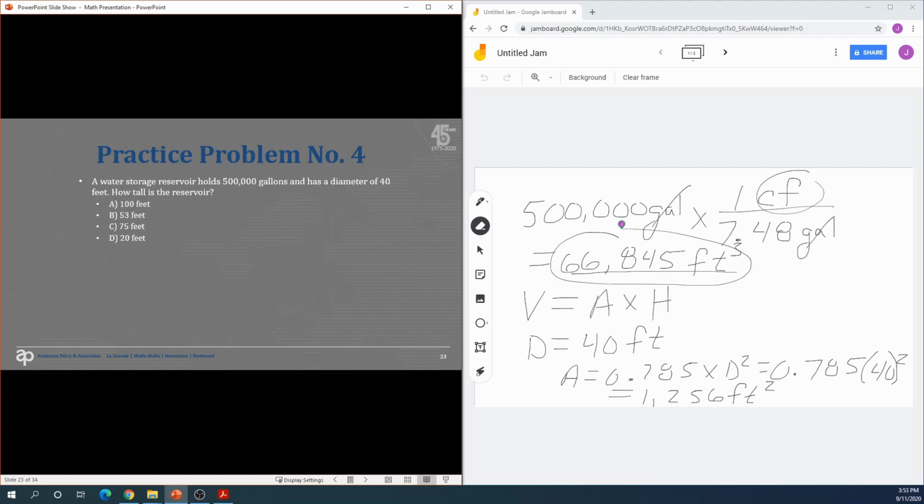66,845. We know our area. So we're going to take our volume, divide it by our height. Oh, excuse me. Back up here. We're trying to solve for height. We're going to take our volume, we're going to divide it by our area, and this is going to equal our height.